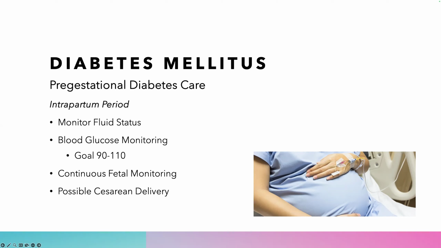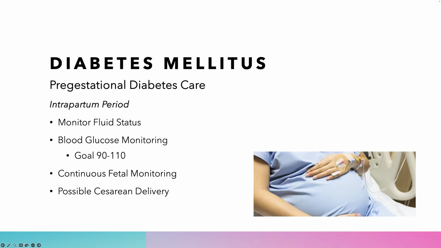If they are being induced and they're allowed to eat, then we will maintain their normal blood sugar schedule and check their blood sugars as we normally would when somebody is eating. But once they're actually in labor, we are checking their blood sugars typically every 1 hour. We want their blood sugar to be between 90 and 110 in labor because that's going to help prevent hypoglycemia.